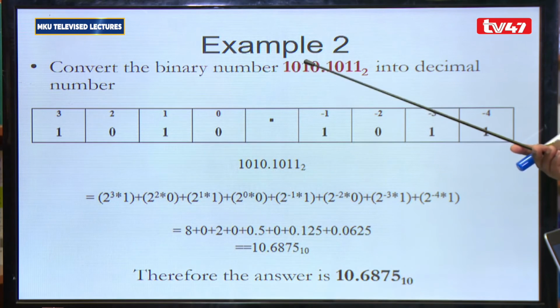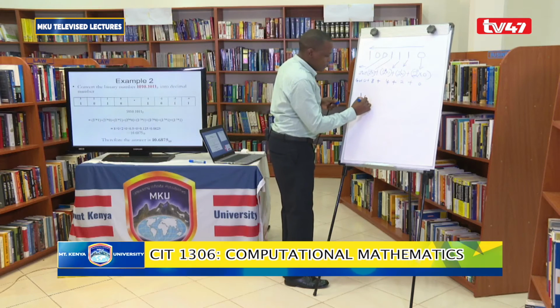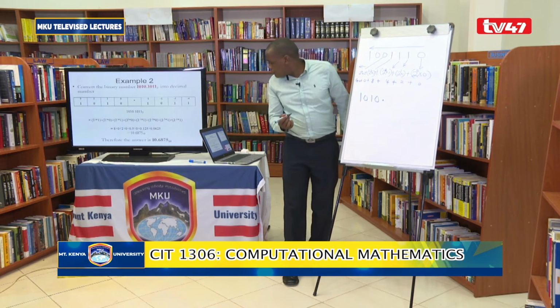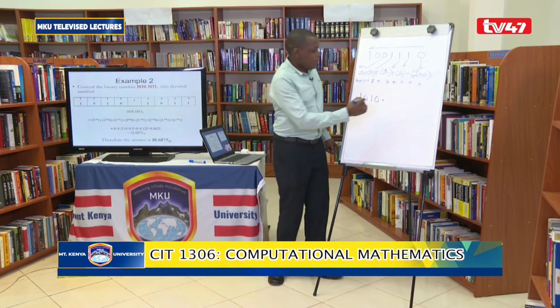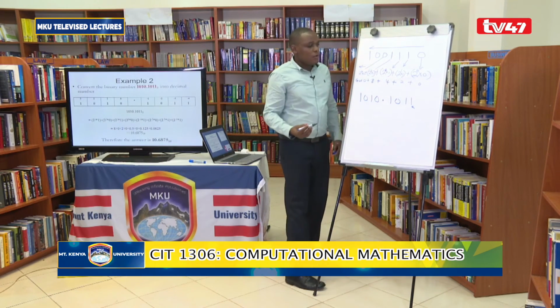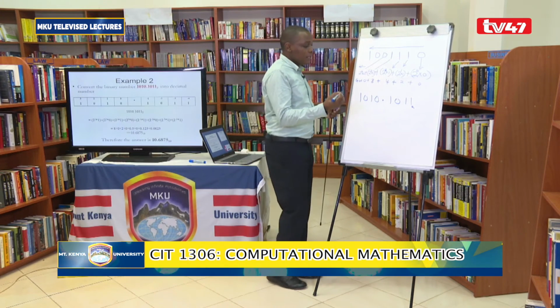This is 1010.1011. To convert this into a decimal number, you expand using base 2.